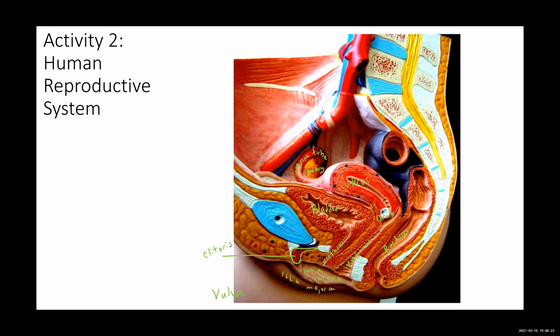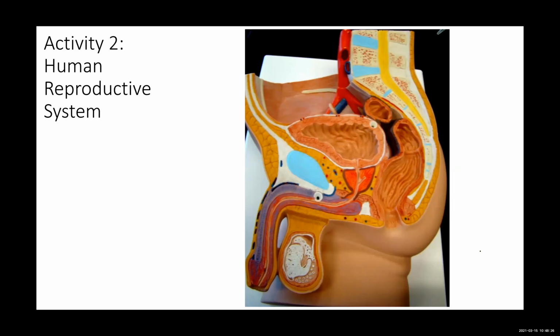If we look at the other diagram here, we can again pick out the urinary bladder, which remember is storing the urine. And then here we see this opening as the urethra. So in this case, I can label it here.